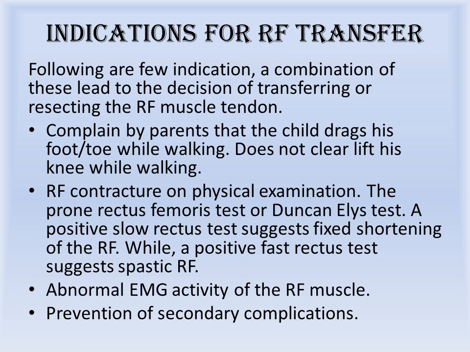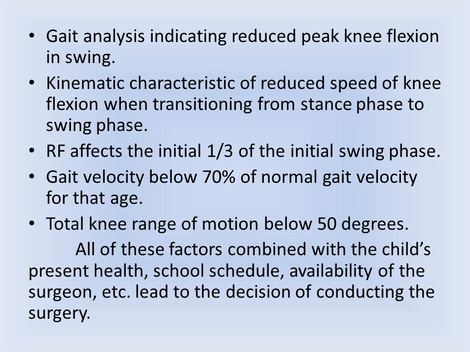The indications which many orthopedicians have suggested for rectus femoris transfer are a combination of the following. Parents complain that the child drags his toes, or on physical examination the Duncan-Ellis test is positive, specifically the slow rectus test, which indicates shortening of the rectus femoris muscle, or abnormal EMG activity, or parents want to prevent secondary complications and go in for surgery.